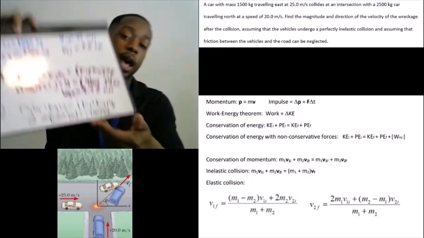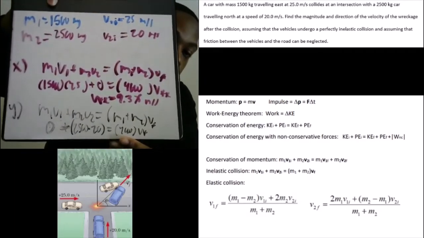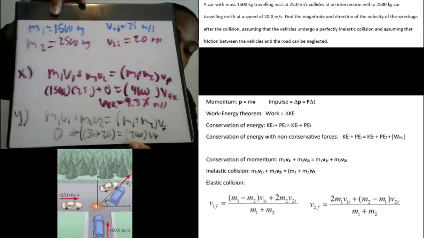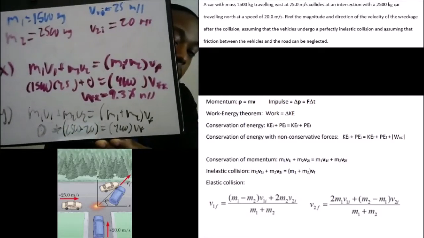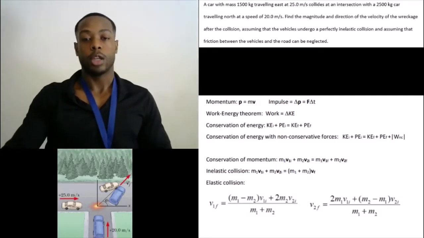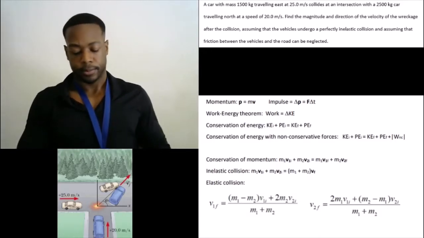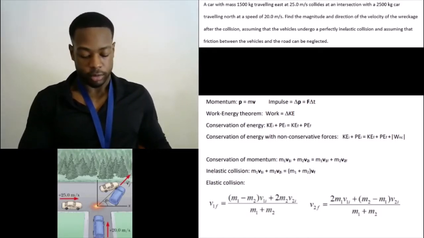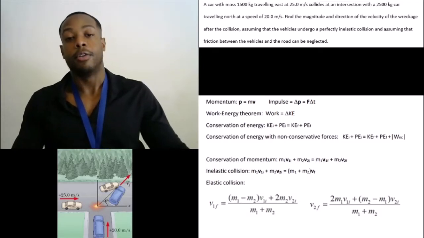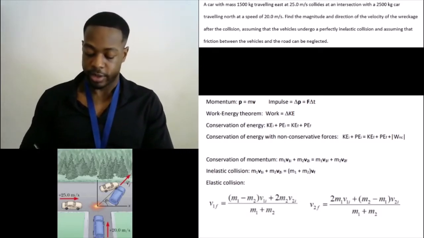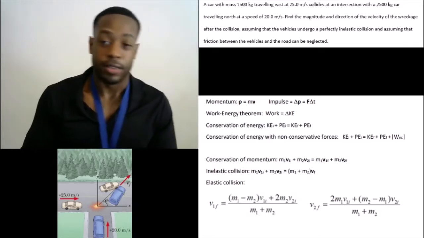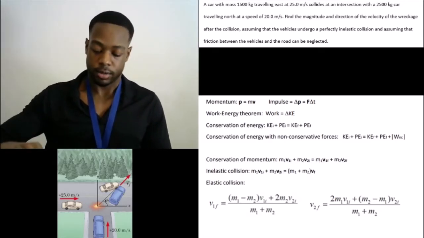All in all, we've got 0 plus 2,500 times 20 equals 4,000 times the final velocity. Not too tough there. We take 2,500 times 20, divided by 4,000, and we get the final y velocity of 12.5. Let's erase a little bit.